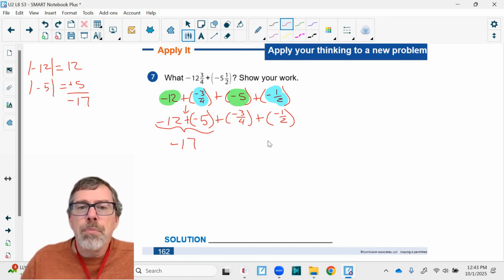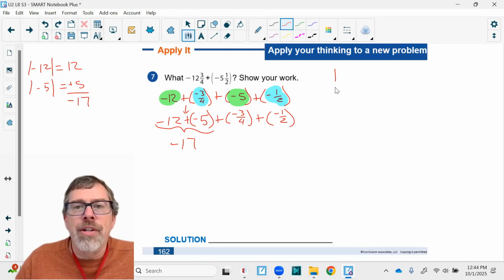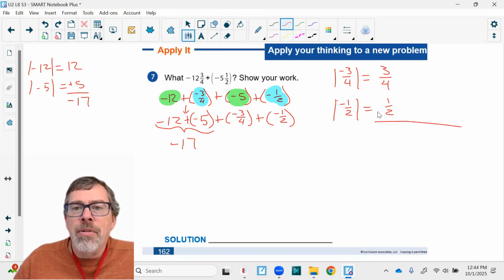Okay? We're going to do the same with 3/4 and half, but something has to happen first. Take the negative 3/4 absolute value, which is 3/4. Take the absolute value of negative 1/2, and that is 1/2. But I cannot subtract these, or add them, I mean. Okay, we're adding. I can't add them because my denominators are different.